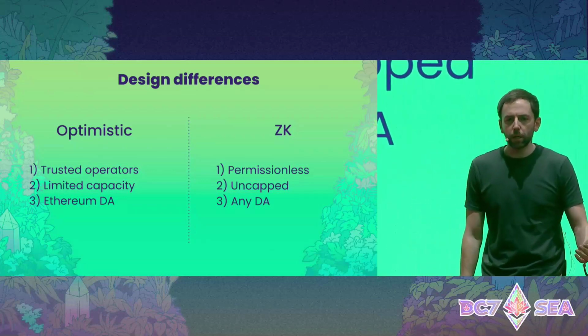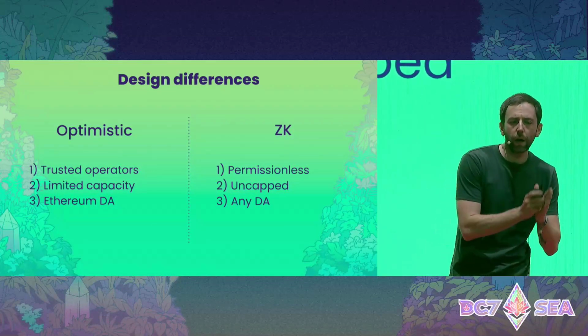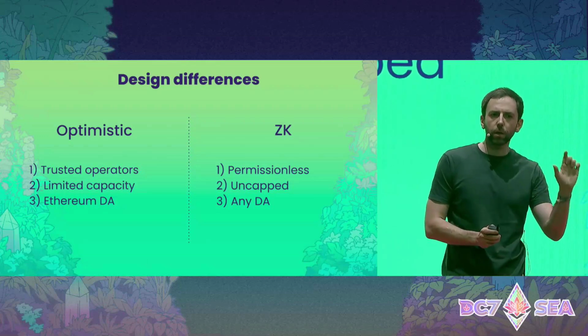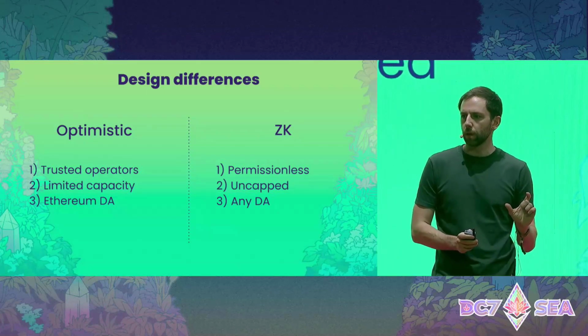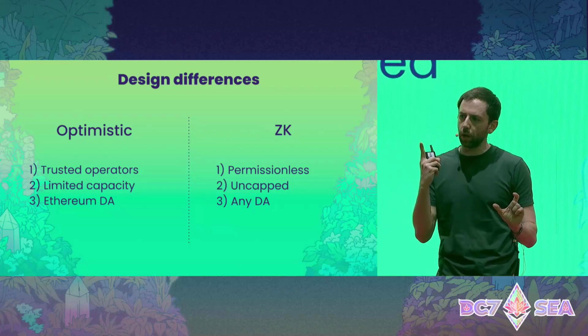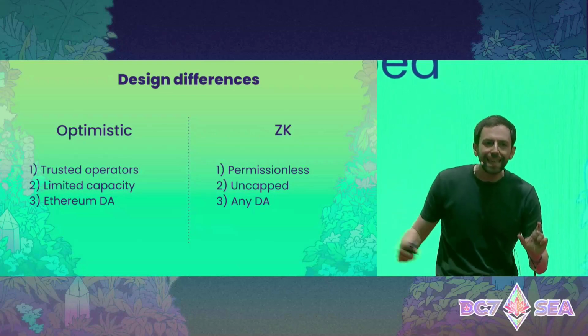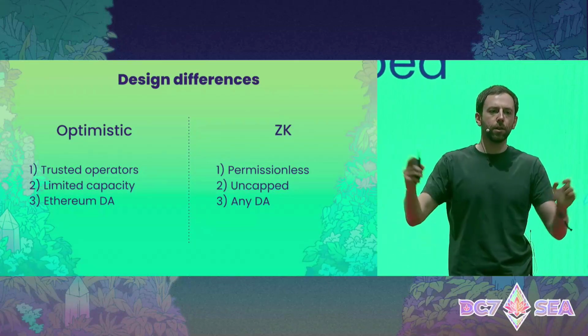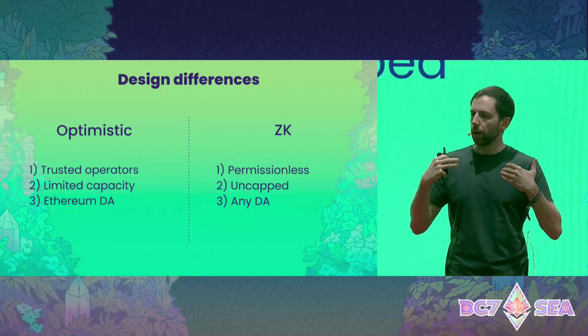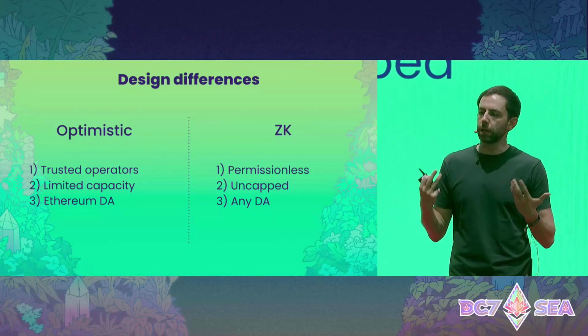Similarly, with the optimistic approach, you can only rely on Ethereum data availability. You can only allow rollups in this cluster. If you allow one non-rollup, one Optimium, the entire thing becomes an Optimium from the security perspective.